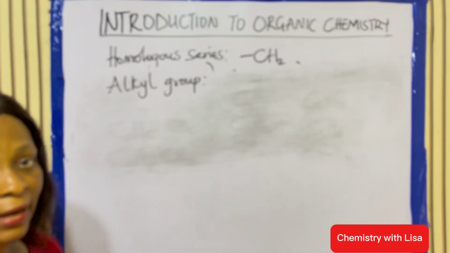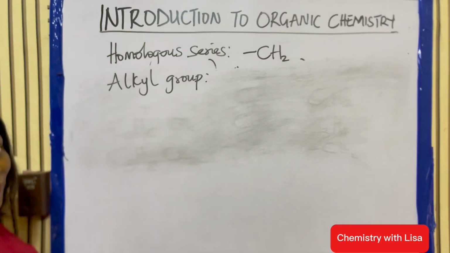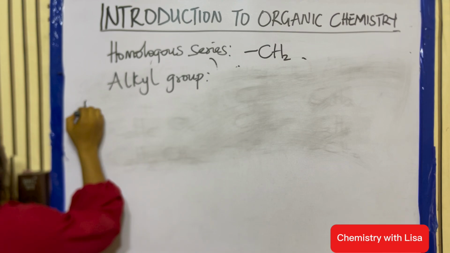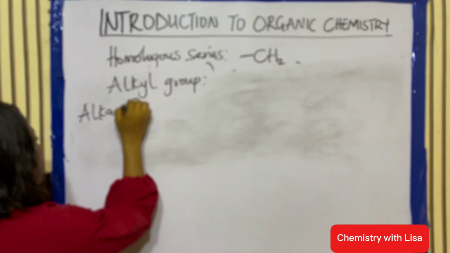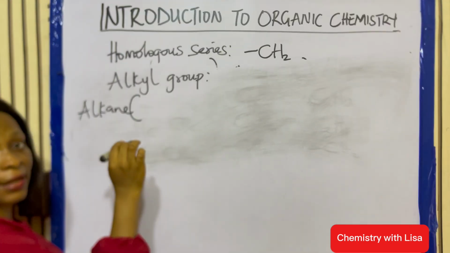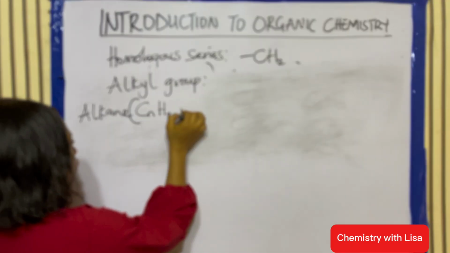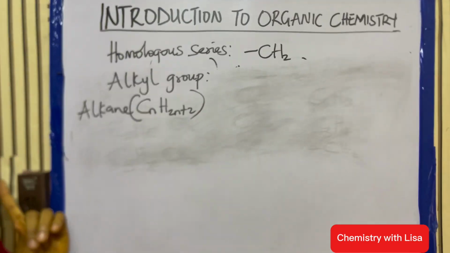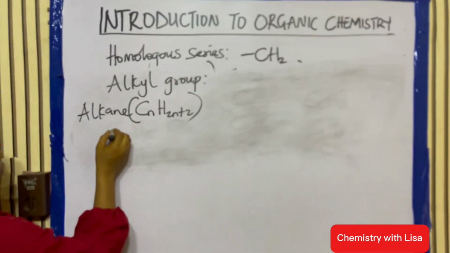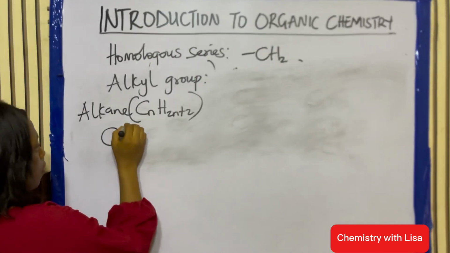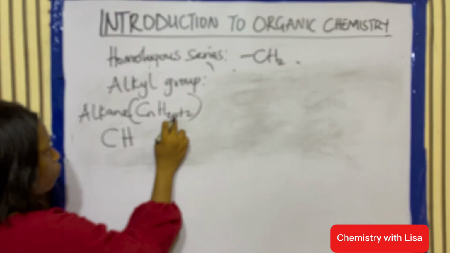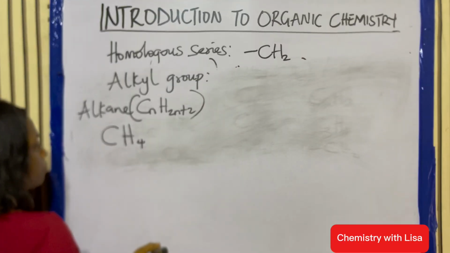So what do we mean by that? Let's look at the alkane family again. Remember their formula: CnH2n+2. We're looking at the first, where n is 1. So this will be C1, 2 times 1, 2 plus 2, 4.